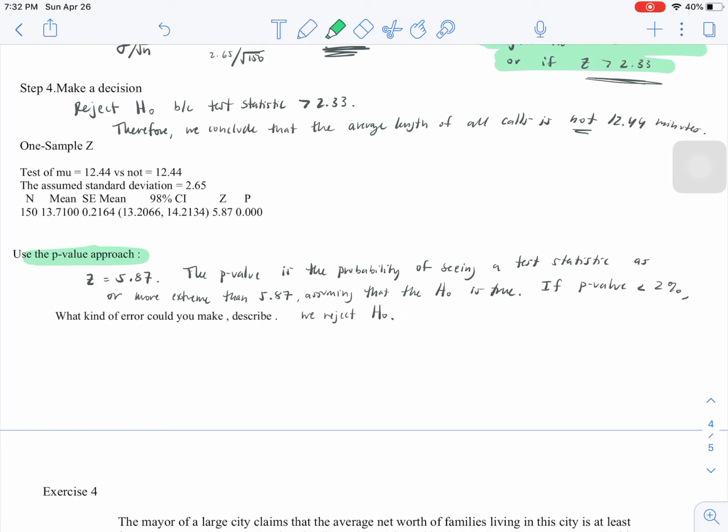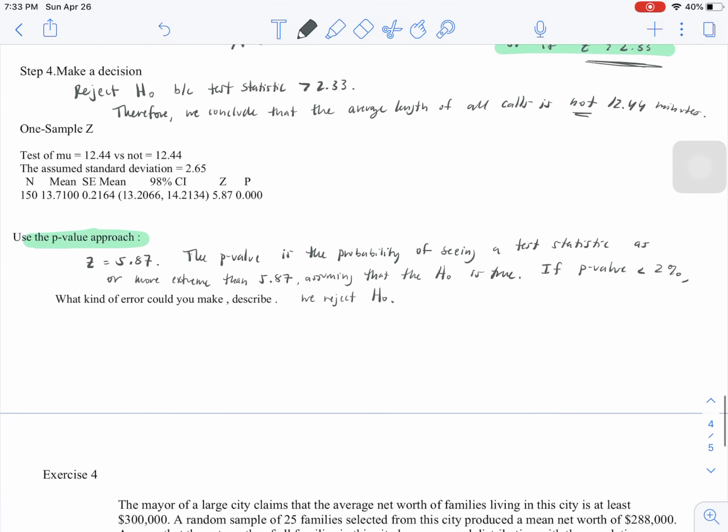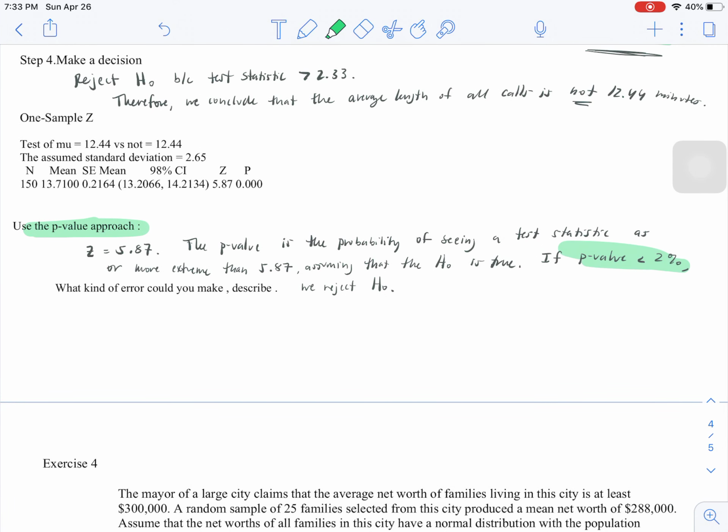In other words, if the probability of seeing a test statistic as or more extreme than ours is really small compared to 2%, then we reject the null hypothesis, because the probability of seeing such a test statistic, assuming the null hypothesis is true, is really small. So probably not possible. So let's calculate this probability and compare it to 2%.